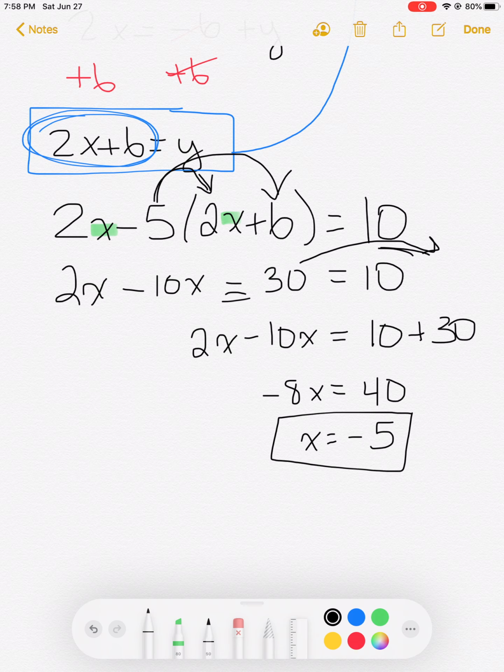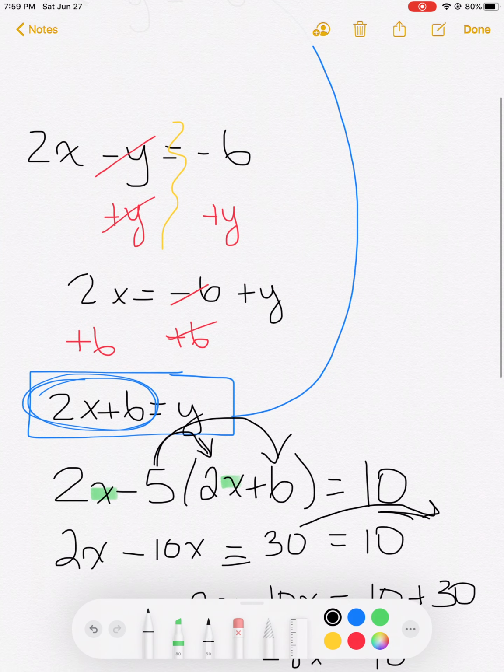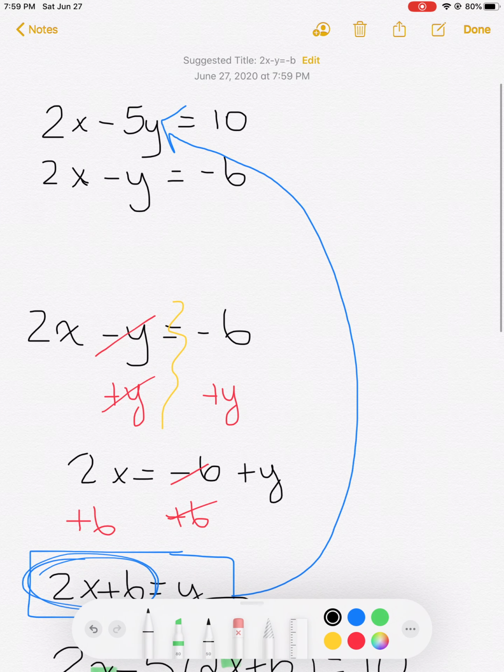A reminder, we're not done because we need to also solve for y. So what I'm going to do is take this x and sub it into one of my two original equations. Which one? It doesn't matter. You could pick one and you'll get the answer we need.